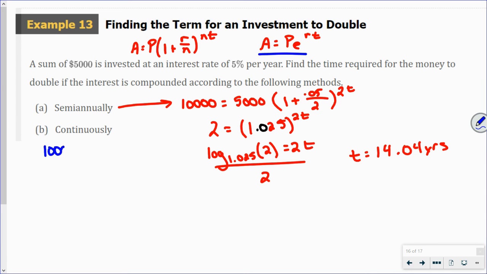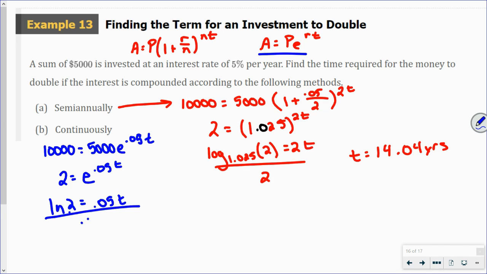So we still want to end with 10,000. We start with 5,000 times e to the r, which is 0.05 t. Okay, so a lot quicker here. So divide by 5,000, you get 2 equals e to the 0.05 t. Rewrite it as logarithmic. So I have ln 2 equals 0.05 t. And then divide by 0.05. So t is about ln of 2 over 0.05, 13.86 years.